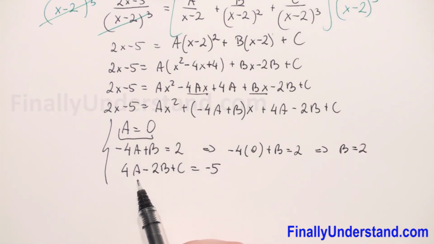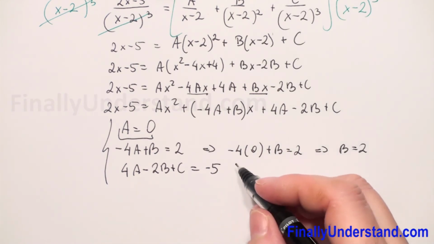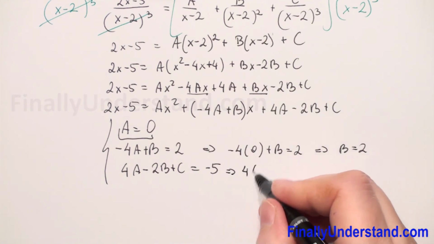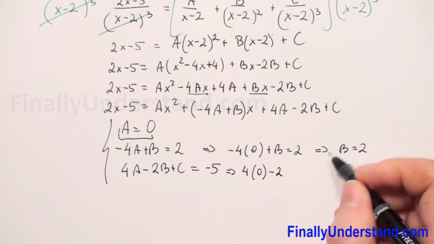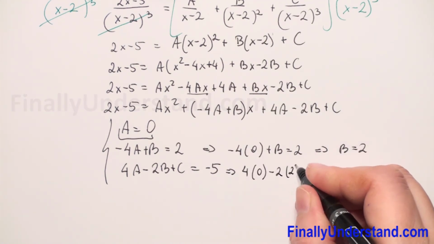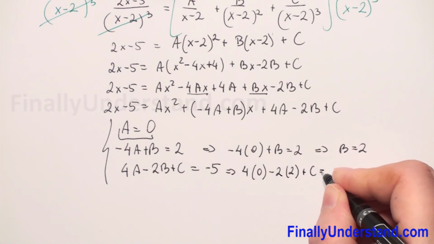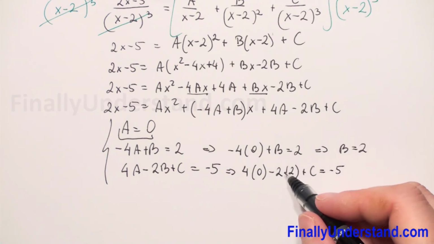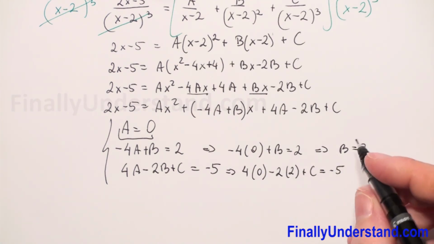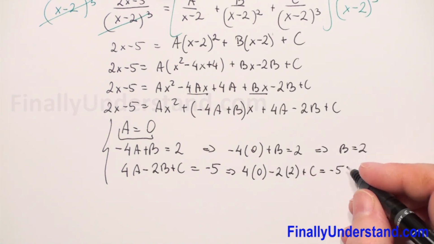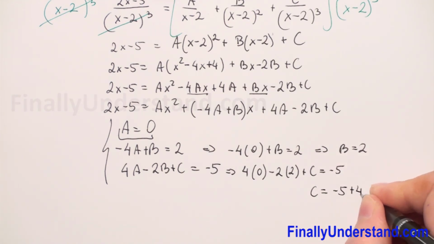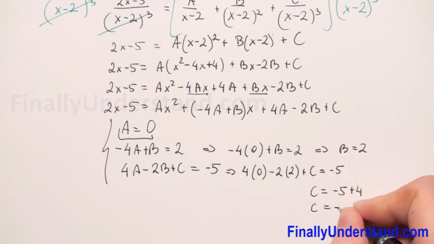And now when we substitute A and B into the third equation, we will have 4 times 0 minus 2 times 2 plus C, this is equal to negative 5. 4 times 0 is 0, negative 2 times 2 is negative 4, so I will move it to the right side. So we have C is equal to negative 5 plus 4, so C is equal to negative 1.